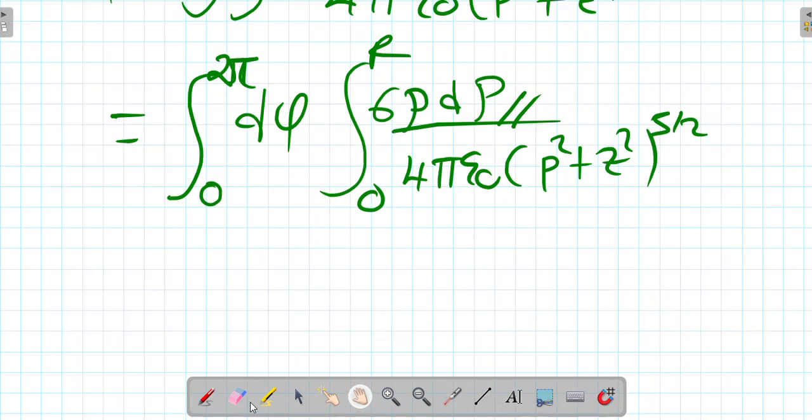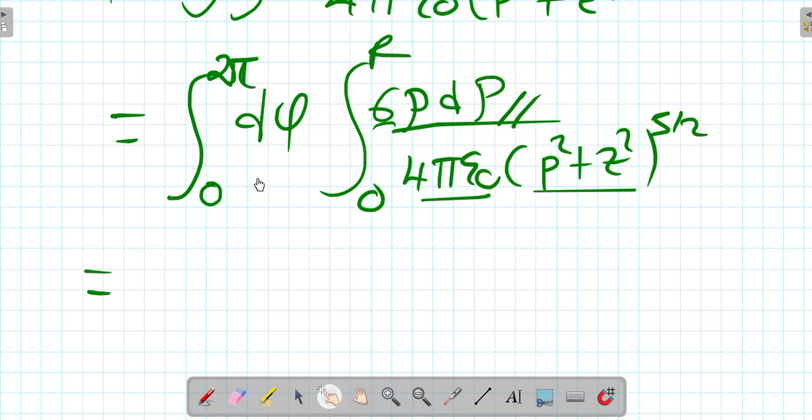Then these are constants. Whenever integrating, you can take the constants out of the equation. We can't take this part out because there's rho in it and you're integrating with respect to rho, so it's not a constant. And when you integrate d phi from 0 to 2 pi, the answer is just 2 pi, because the integral of d phi is phi.